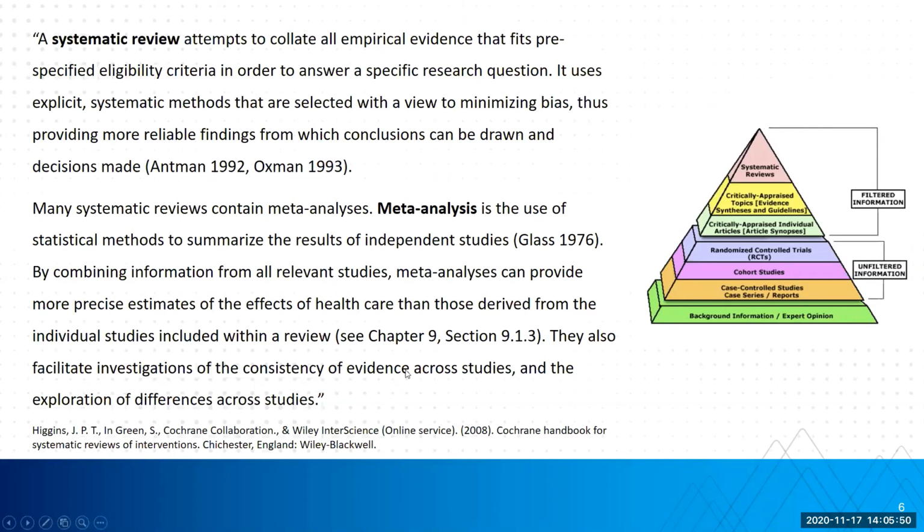I think it's important to point out, because it is often confused, the difference between a systematic review and a meta-analysis. A meta-analysis is often the next step after a systematic review.